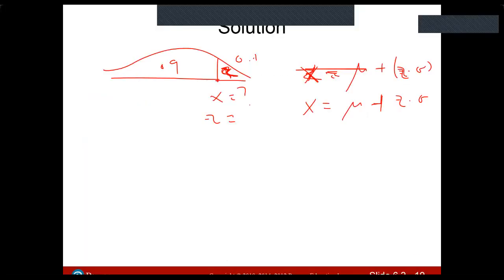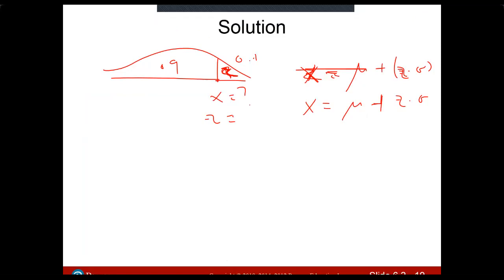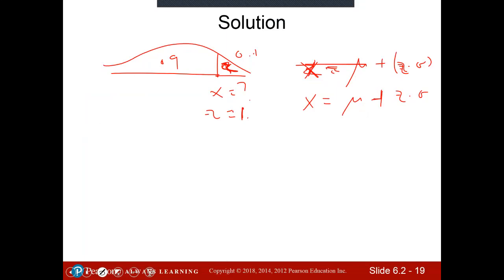So if I go back and share my PowerPoint, then I can find that value. So Z is 1.28. So what is X? X is equal to the mean, 14.6, plus the Z, 1.28, times sigma, which is 1.4.